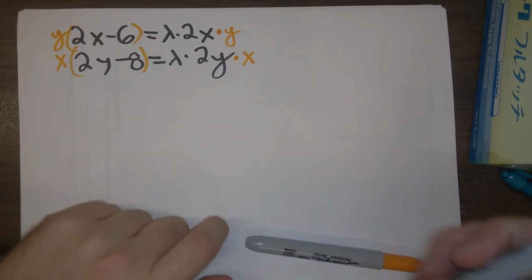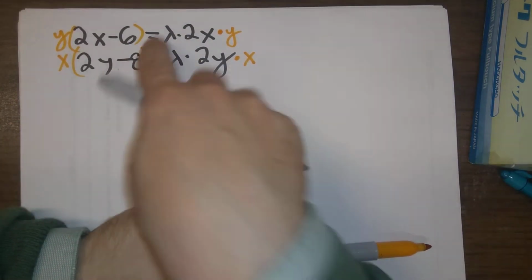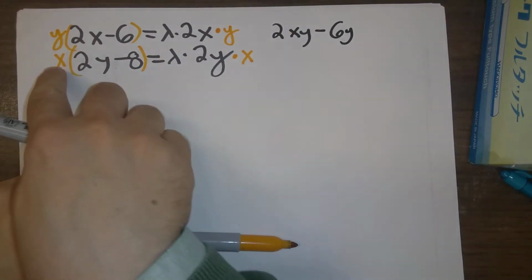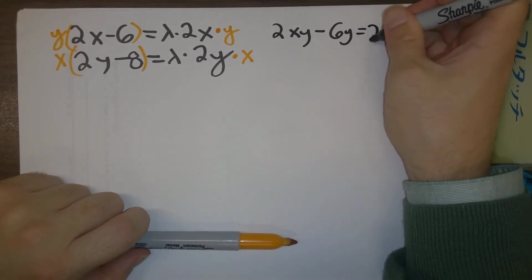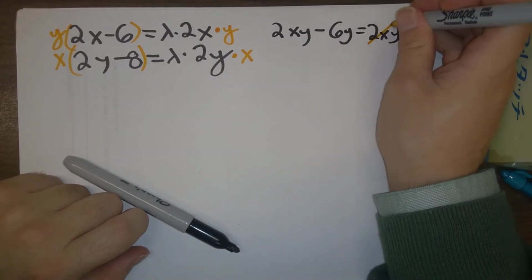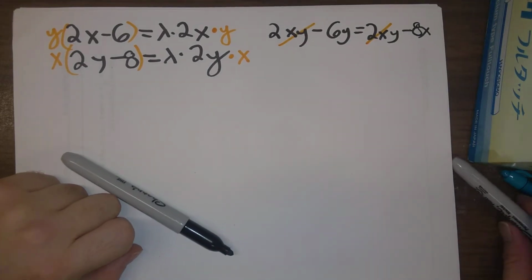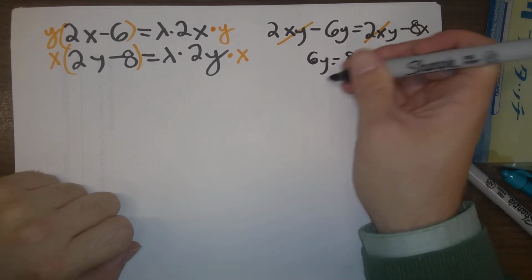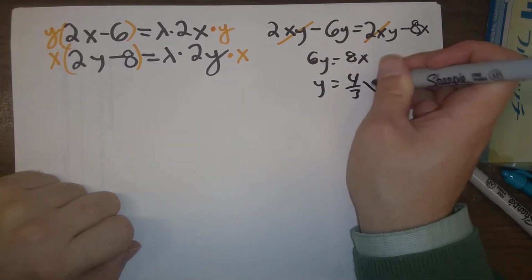So these two expressions are equal. y times this, 2xy minus 6y, is equal to x times this, 2xy minus 8x. We see that we can do some canceling out. 6y is equal to 8x, or y is equal to 4/3 x.